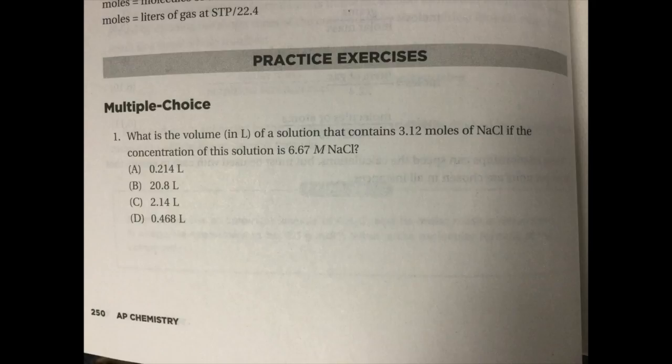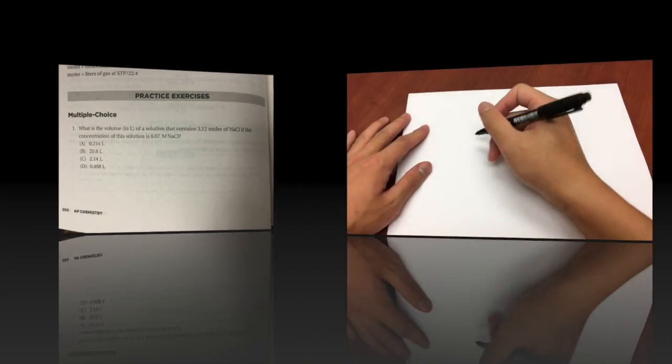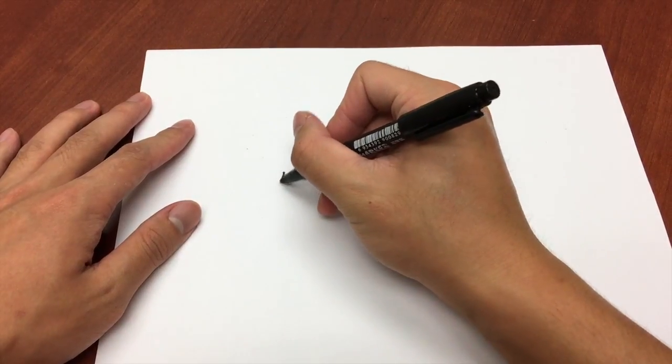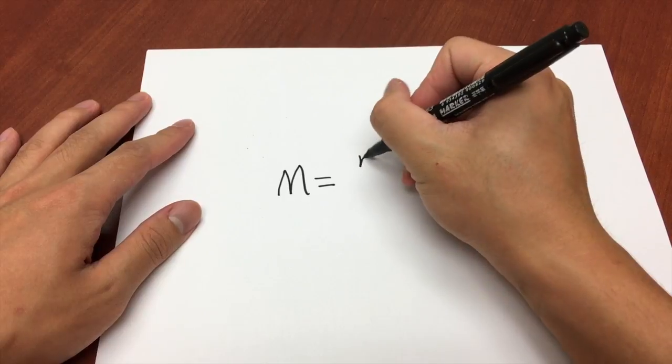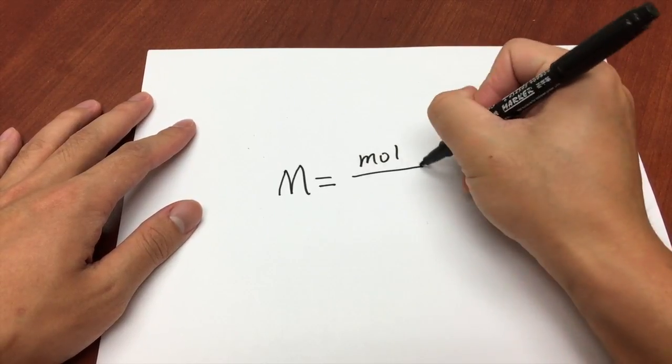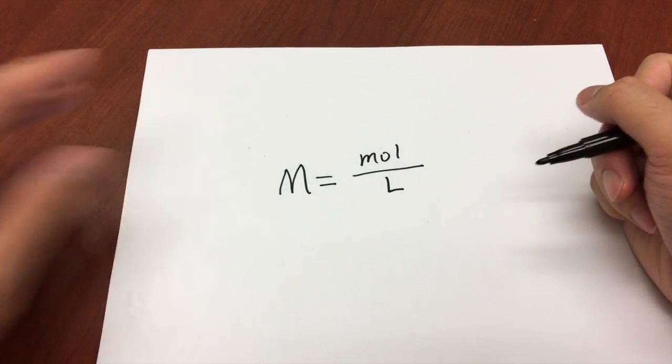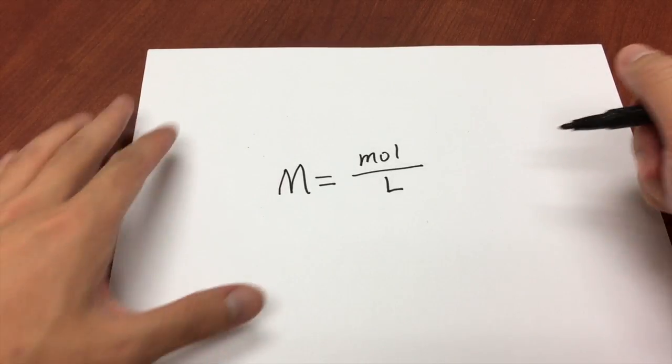The first question: what is the volume in liters of a solution that contains 3.12 moles of NaCl if the concentration of this solution is 6.67 moles per liter? So the molarity M is equal to moles over liter, that means the moles over volume.